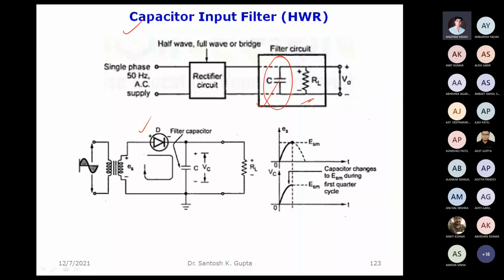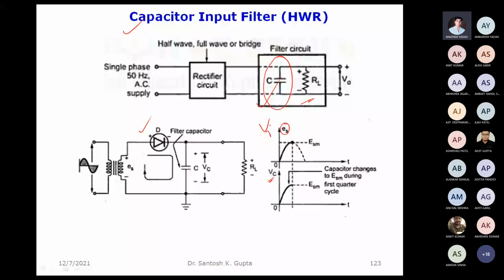This is the half wave rectifier circuit here. This ES is nothing but the input voltage VI, and here it is the voltage across the capacitor. So when we look at a positive half cycle, the cycle when the diode becomes on first. If the diode is off, there is no current, of course.